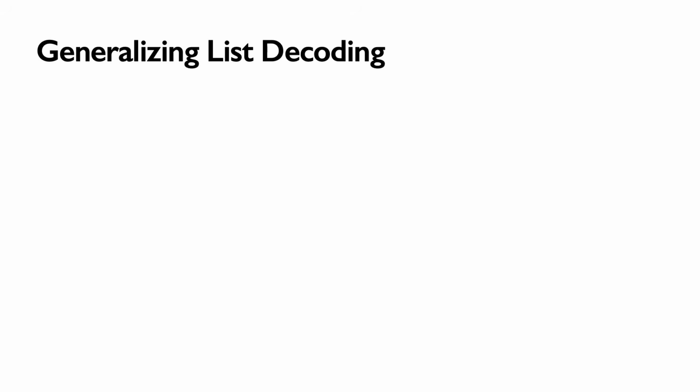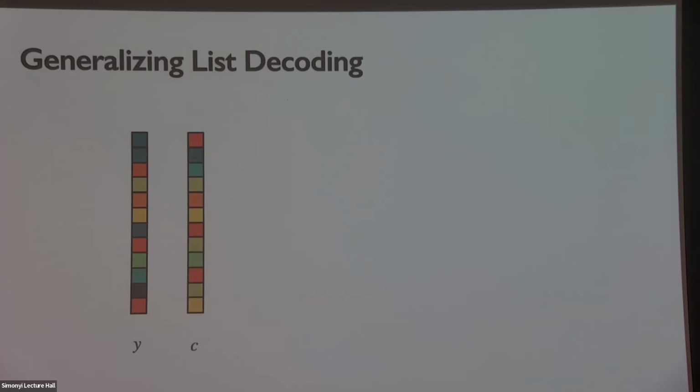So let's look at the generalization of list decoding now, which is going to be relevant for us. For list decoding, we were looking at the agreement of some vector y in F_q^n with a code word c. How did we measure the agreement? We just looked at the coordinates where the entries are equal.